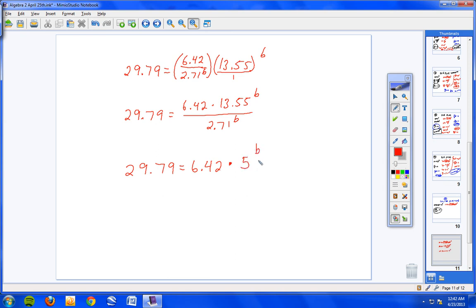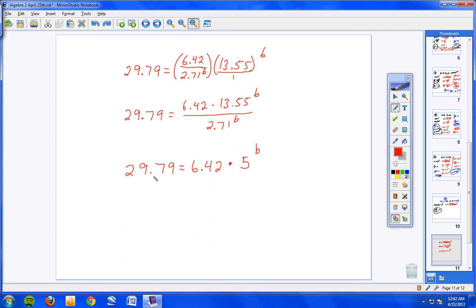That's a lot nicer. Now, I'm trying to solve for B, right? So I want to get the base and the exponent all by themselves. So I'm going to divide both sides by 6.42. So I wonder if that comes out to a nice whole number. Probably not. 29.79 divided by 6.42. No, not at all.